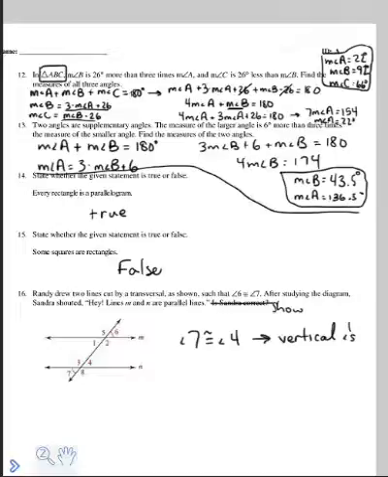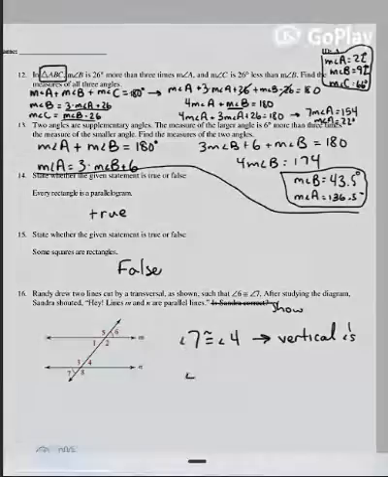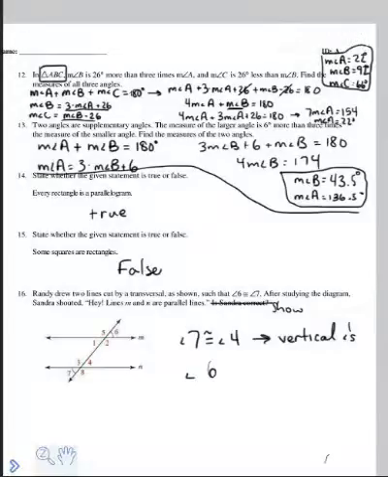So that implies that angle 6 is congruent to angle 4. And the way that we know that is the measure of angle 6 was congruent to the measure of angle 7, that was given.